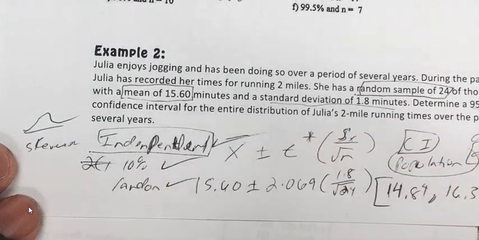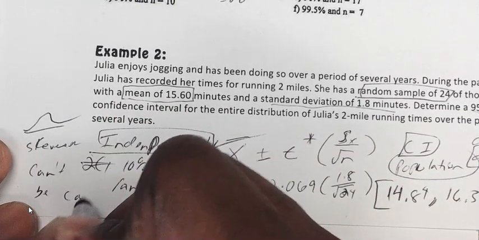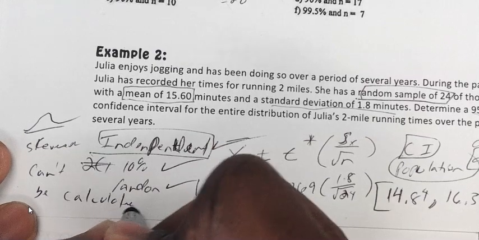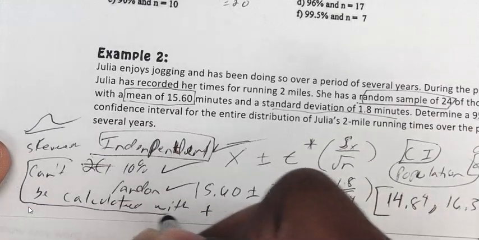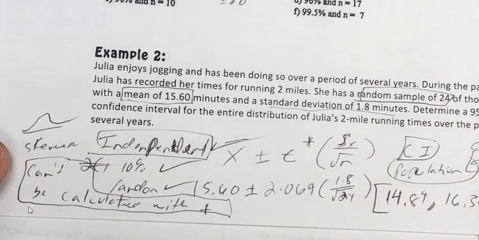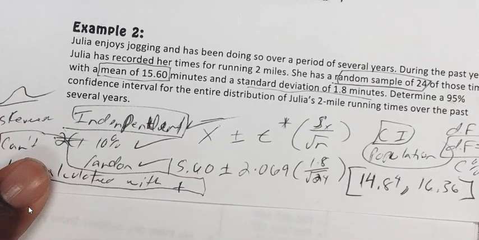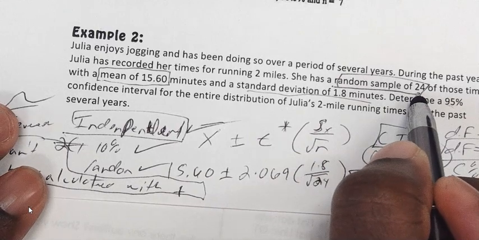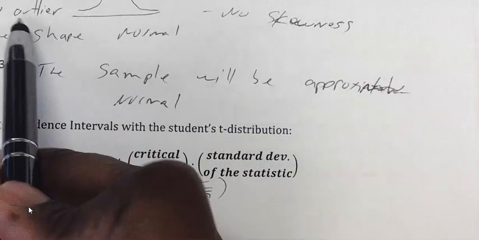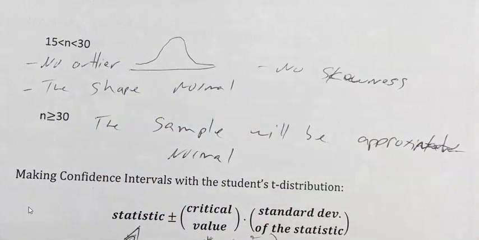So technically we could have stopped and said it can't be calculated with T, because we don't know if that was really normal or not. We did it anyway, and we got a range there. But because that n value is less than 30, it's actually in between 15 and 30, what was really important is that there are no outliers and the shape is already normal. And we don't know that. So we could have just stopped while we're ahead.